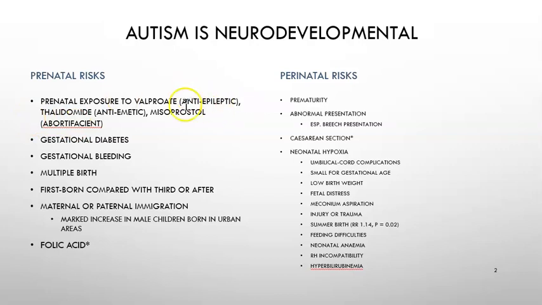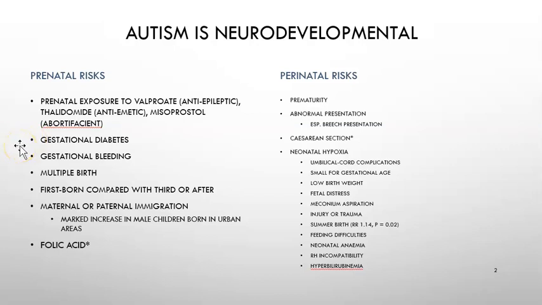So we got an anti-epileptic, anti-emetic, and then this one is an abortifacient, so to help with abortions. But if it didn't work, then you may still be pregnant, have the child, but that would increase the risk that the child may develop some sort of neurodevelopmental disorder, including autism.